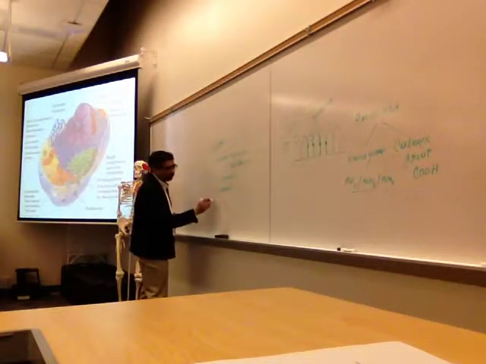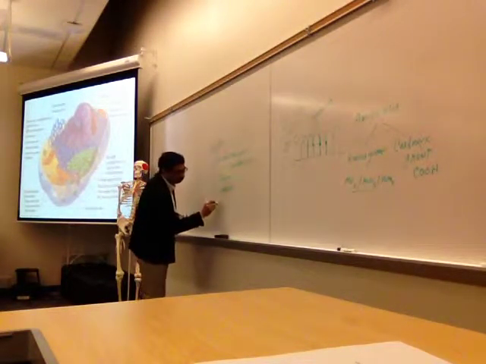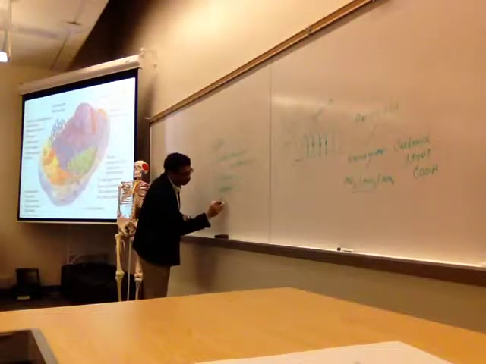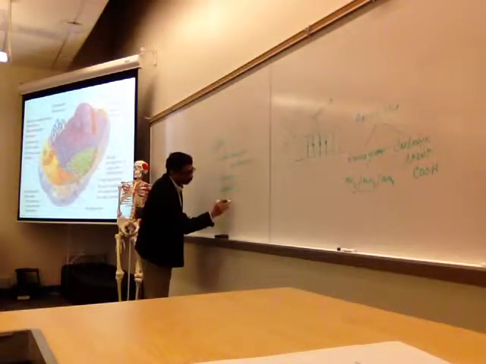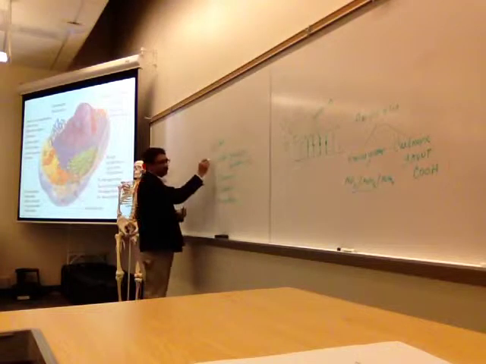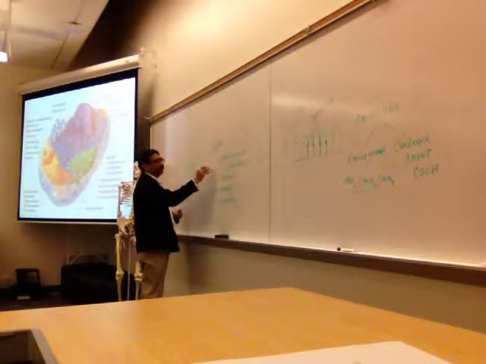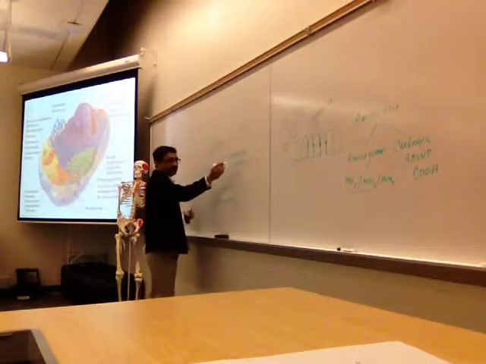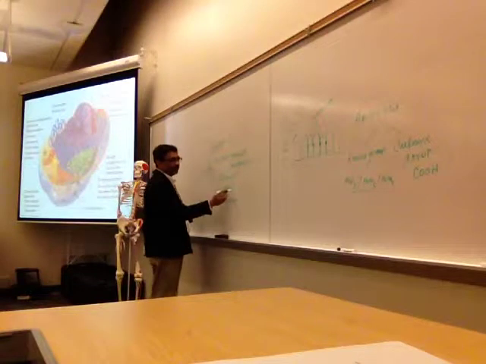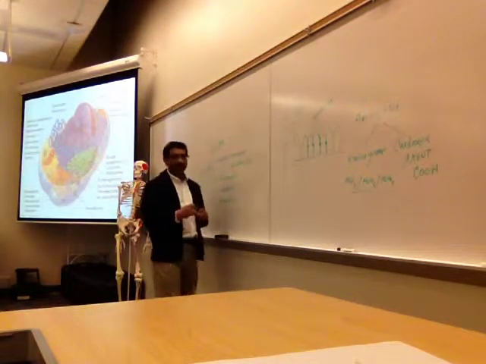And number 4, nucleoplasm, the fluid. Okay, so these are 4 structures in the nucleus: nuclear envelope or membrane, chromatin, nucleoli, and nucleoplasm.